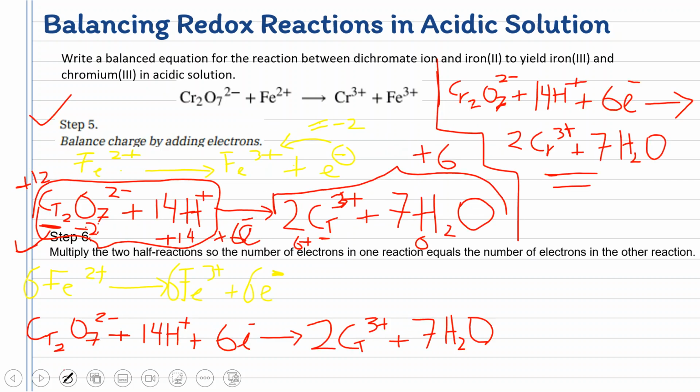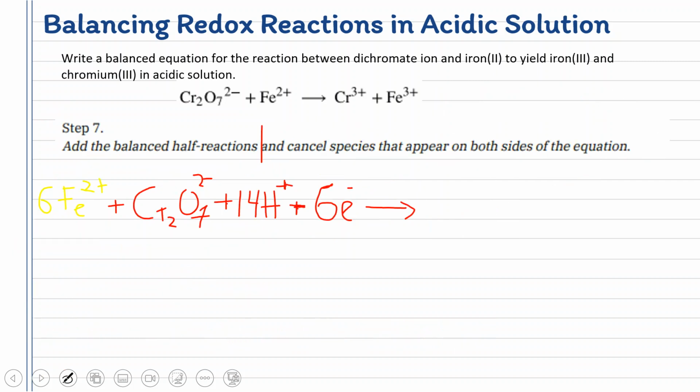Now let's start with the yellows that were on that side. The yellows we had on that side were 6Fe3+. So I'm just going to write that: 6Fe3+ plus 6 electrons.